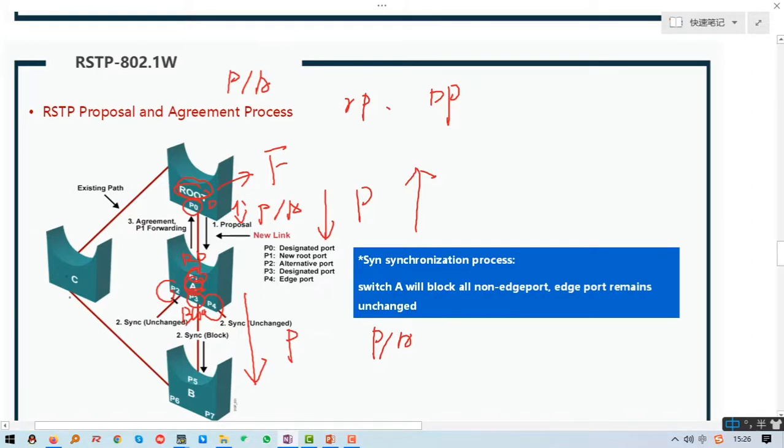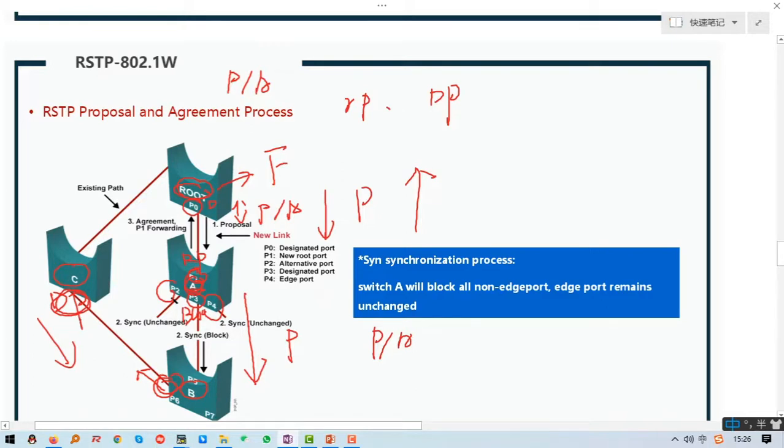But if a designated discarding interface doesn't receive an agreement after sending a proposal, for example, on switch C the port is a designated port, and on switch B this port is a blocking port. So when this port sends a proposal, the other port can't reply with an agreement.